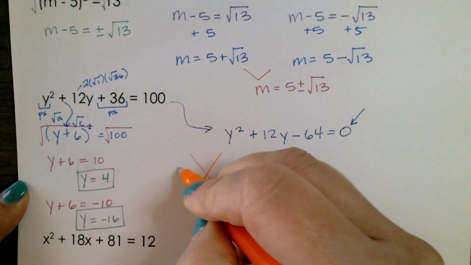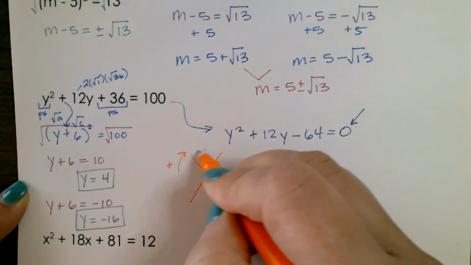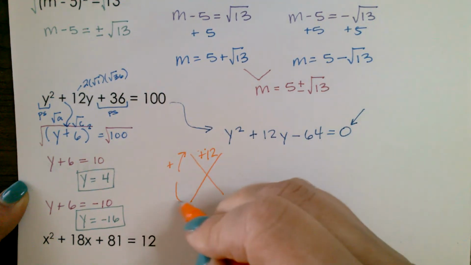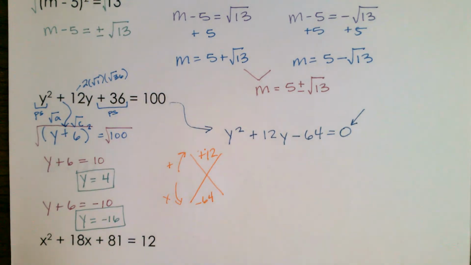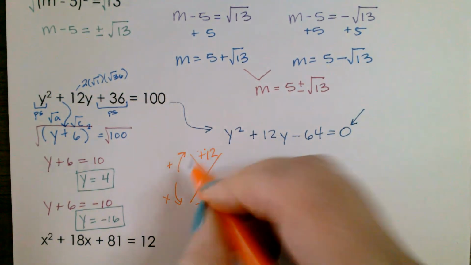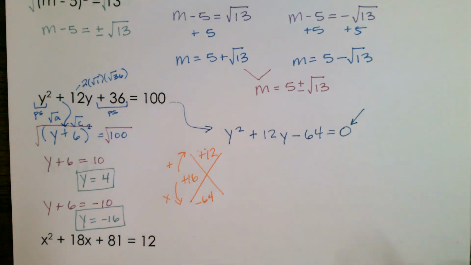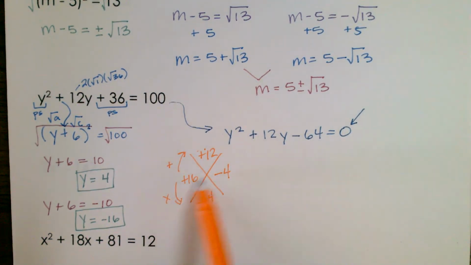A is a 1, so I'm going to find numbers that add to 12 but multiply to negative 64. All right, so I could have a positive 16 and a negative 4. Add those together, you get 12.